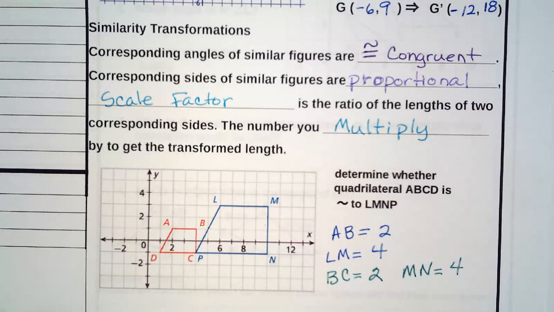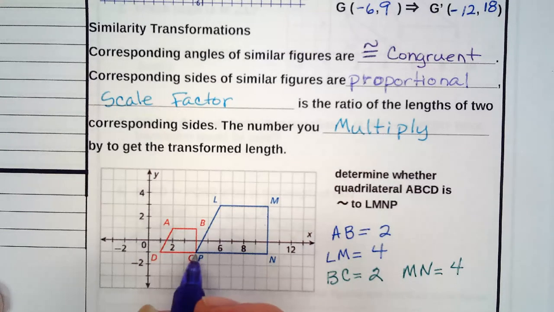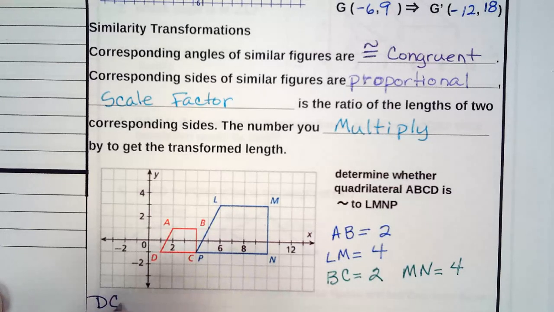What do you notice? Well, if you multiply the first length by 2, you get the second length. Okay, let's look at DC. And that is 1, 2, 3.